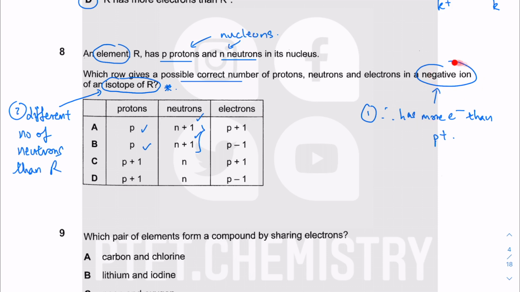However, if you read the question carefully, this is a negative ion, and a negative ion has more electrons than protons. So the only answer there must be A. It all comes down to reading the question and not getting tricked easily.